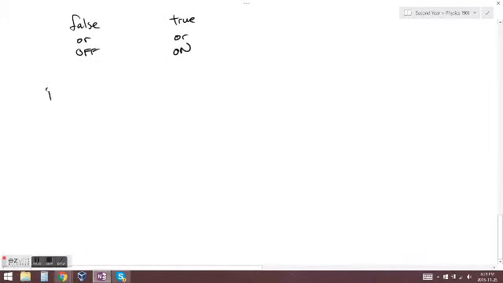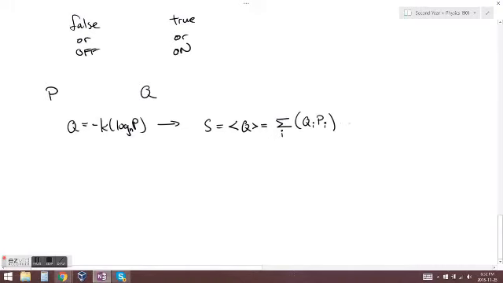If we had a statement with an arbitrary probability P and corresponding arbitrary information Q, where the equation of Q is equal to negative K log P, then the average information of each statement can be expressed as the value S, which can be expressed by a summation over i of Q_i times P_i, which is the information times the probability, or also equal to negative K summation over i of P_i log_n P_i.